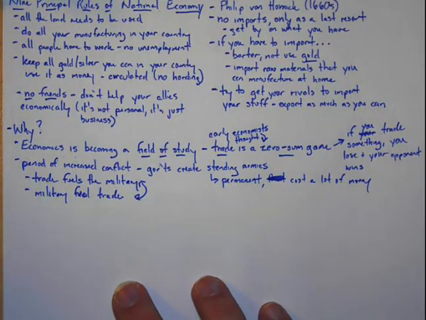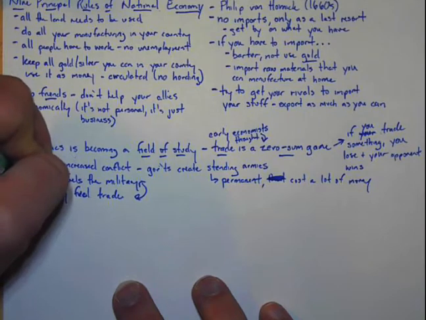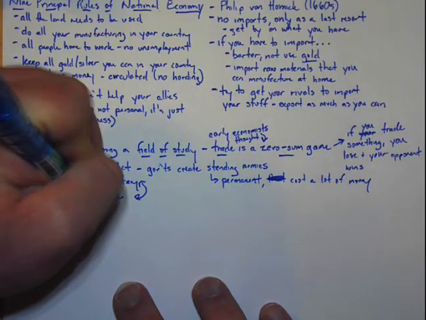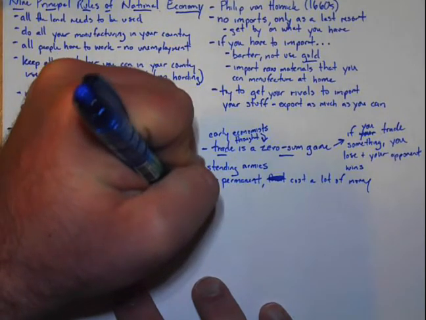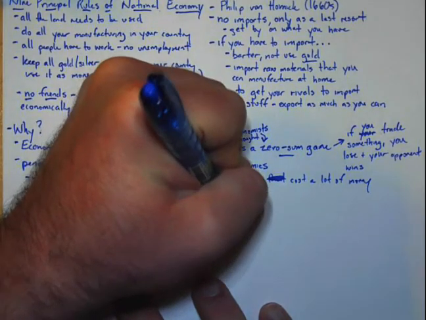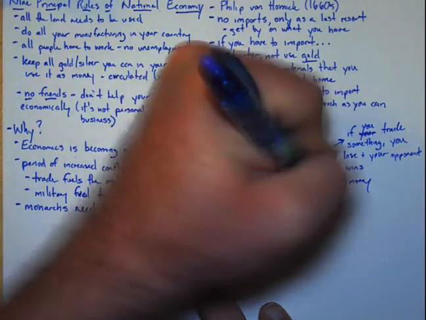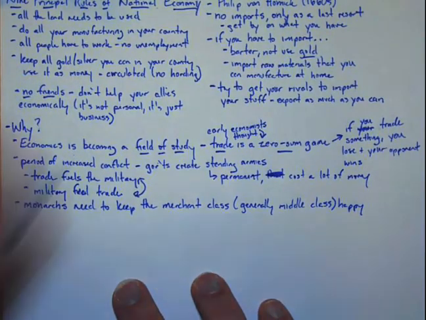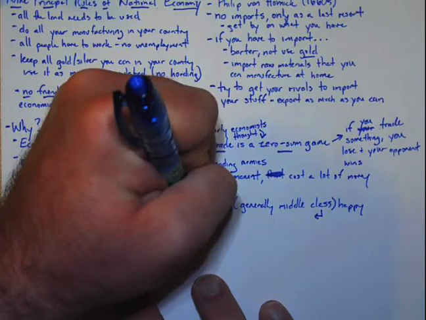One more point we need to make before we look at a couple of examples is that the monarchs, whether they are absolute or constitutional, need to keep the merchant class and more generally the middle class happy. These are the guys, the merchants and generally the middle class, these are the guys with the money.